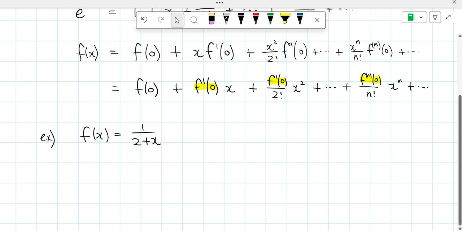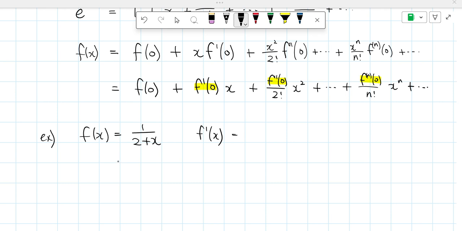So what do I do first? Before you start putting into the Maclaurin series formula, I think it's wiser if you differentiate things first. Okay, so let's find the first derivative of f of x. What happens if I differentiate this thing?